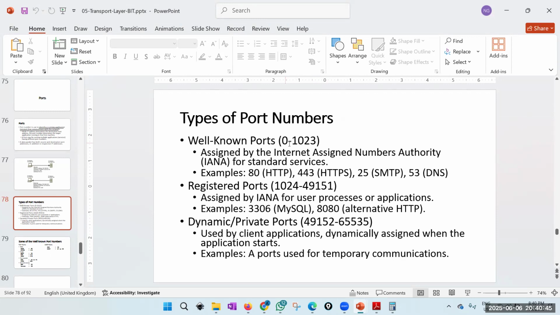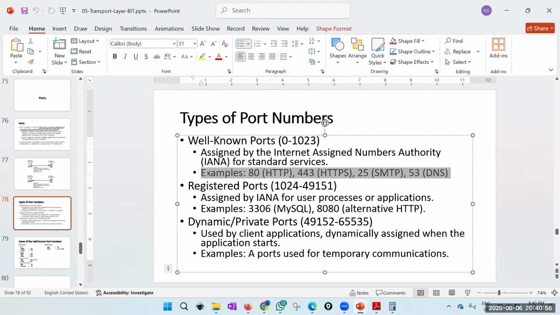They can even ask about this: 0 to 1023 are well-known ports, like 80 is HTTP, 443 is HTTPS, and SMTP. I ask you to remember these things also. Then 1024 to 49,151 are registered ports, like the MySQL port and so on. Other than that, 49,152 to 65,535, about closer to 16,000 ports, are private ports. You can use them for any purpose. Anyone can use these ports. But these are the well-known ports.